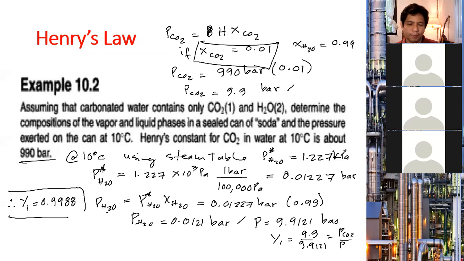I added P. Itong 9.9121 is P equals P1 plus P2. So this is simply PCO2 plus PH2O. Okay, sir, thank you po. So, yun, 9.9 plus itong nasa baba.